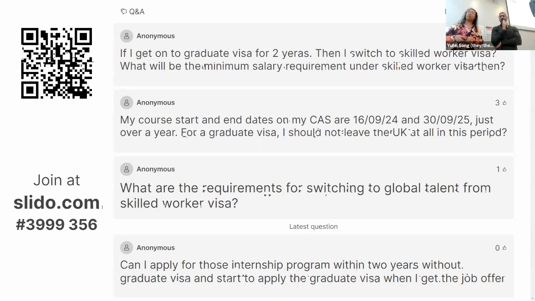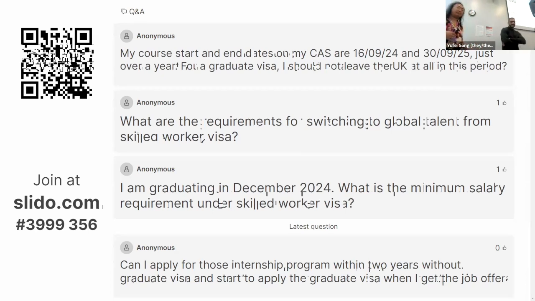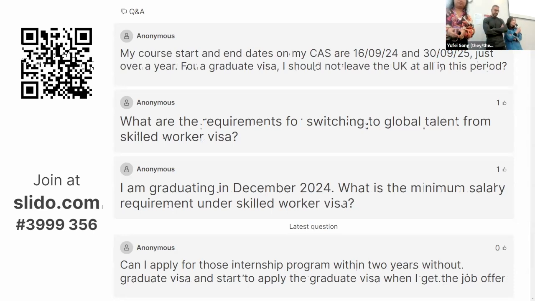I mean, again, you can leave the UK as long as you return to make a graduate visa application. Nancy will clarify this, but I'm sure she touched upon it. It is a requirement that if your course is 12 months or less, then you have to study in the UK for the full duration of your course.